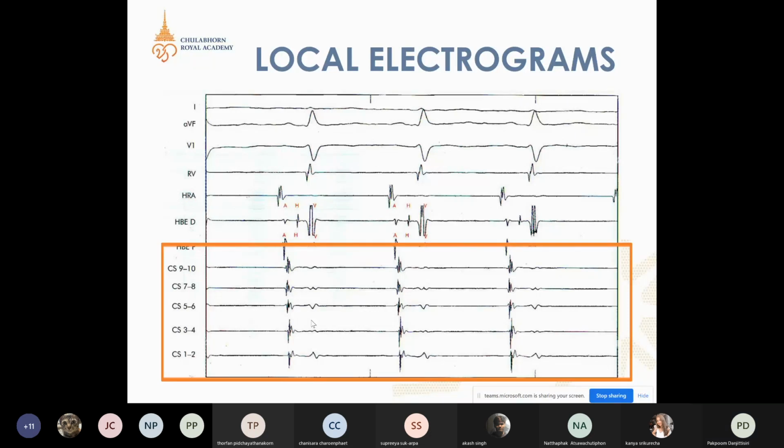So the electrodes on the CS catheter can record the activity from the left atrium, or from the atrium, more than they can record the electrogram from the ventricle, just like this.